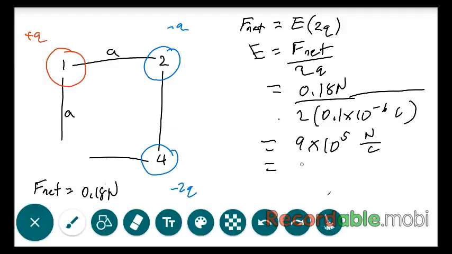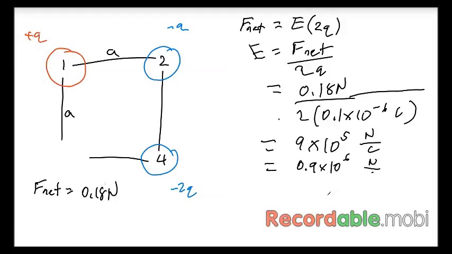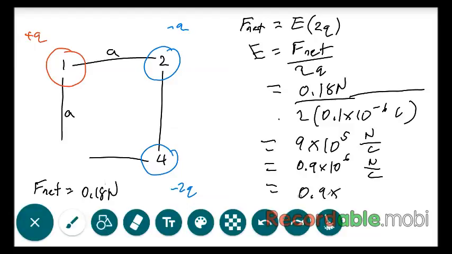The book writes this as 0.9 times 10 to the 6th newtons per coulomb, which is equal to 0.9 meganewtons per coulomb, which is the equivalent. So that's the answer to part B.